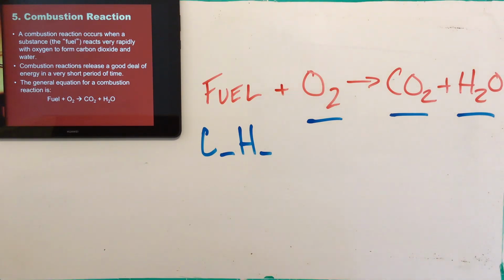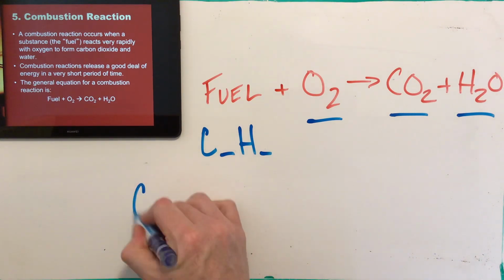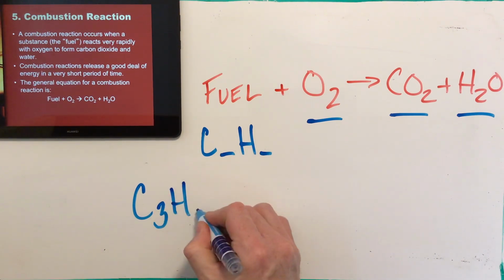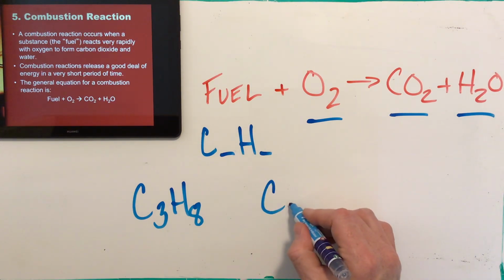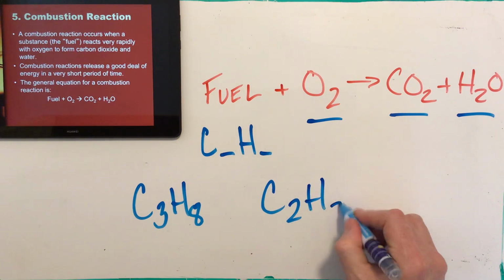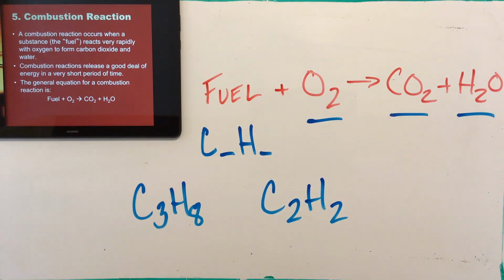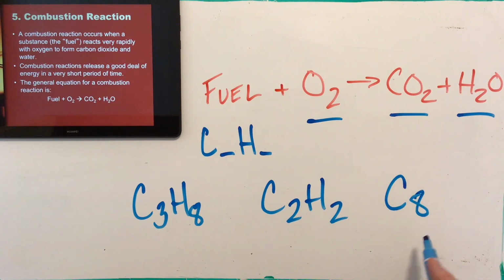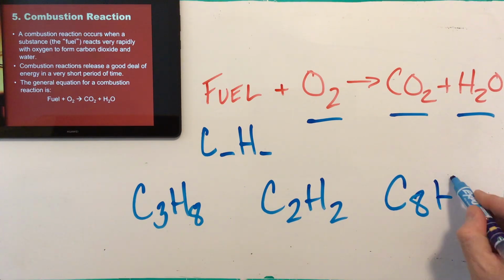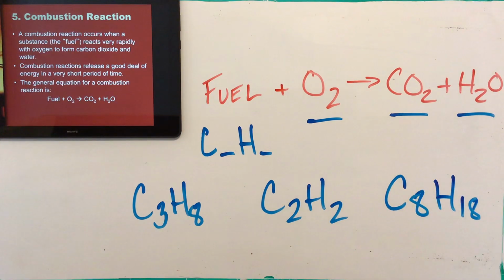I'll do two of them really quickly. Propane in your barbecue is C3H8. Ethyne, which is used in your shop class for welding if you take auto, is C2H2. And octane, which is in your gasoline, octa for 8 carbons, is C8H18.